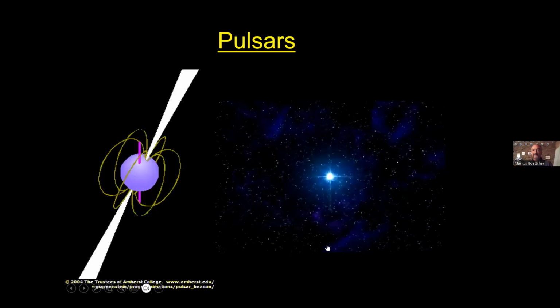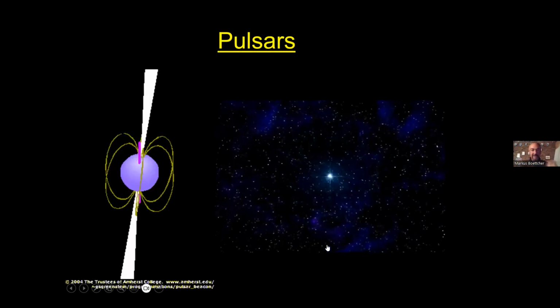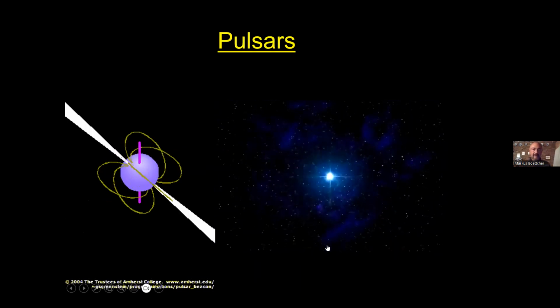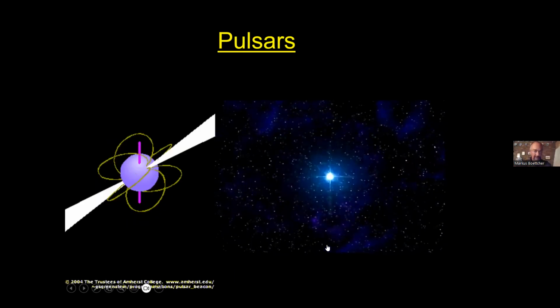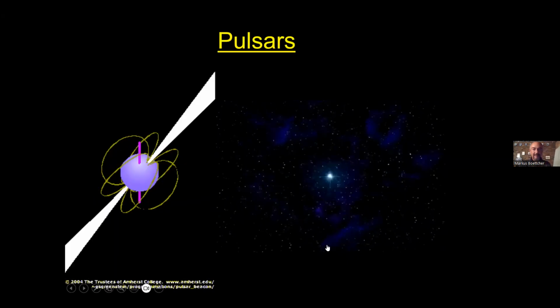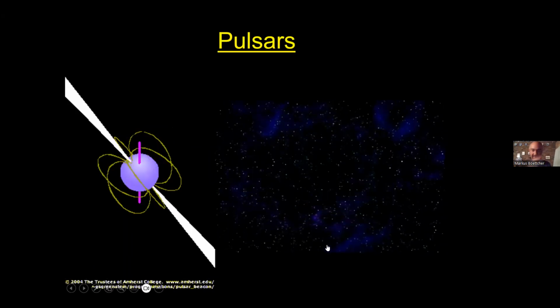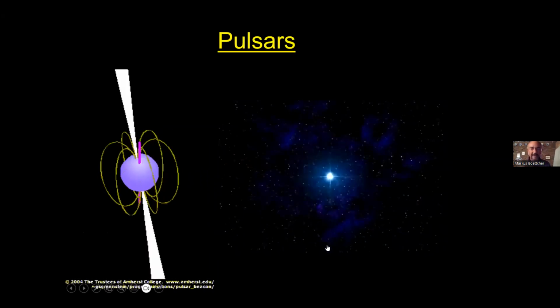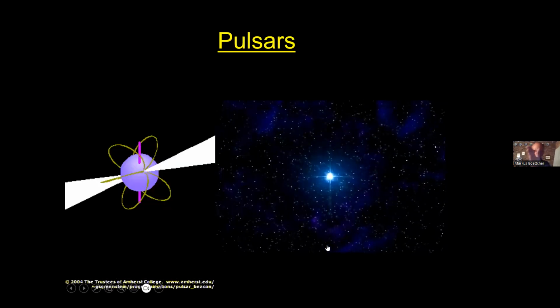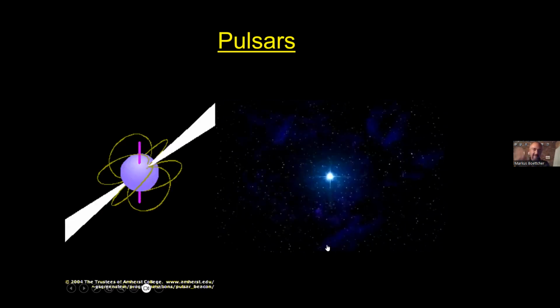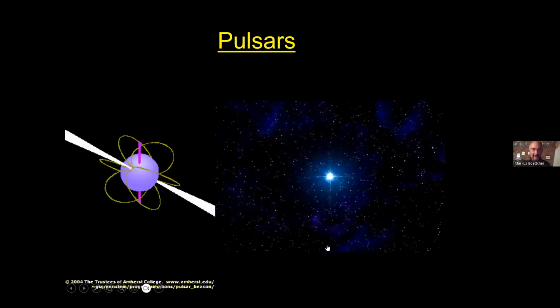So these have very strong magnetic fields and rotate very rapidly. We have these dipole magnetic field structures similar to the Earth's magnetic field, but with very violent, fast rotation. That often produces beams of radiation, sometimes along the axis of this magnetic field structure, sometimes in other directions.